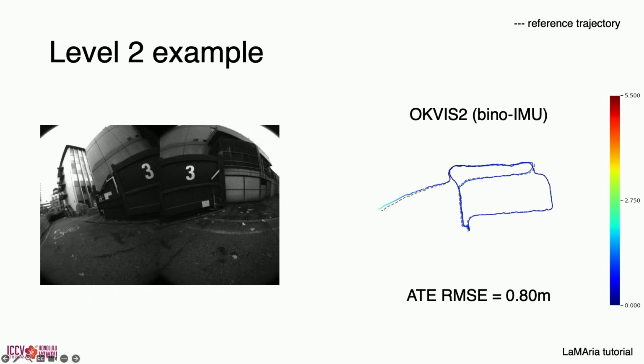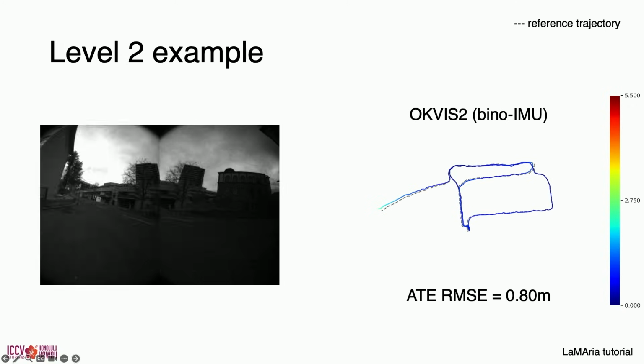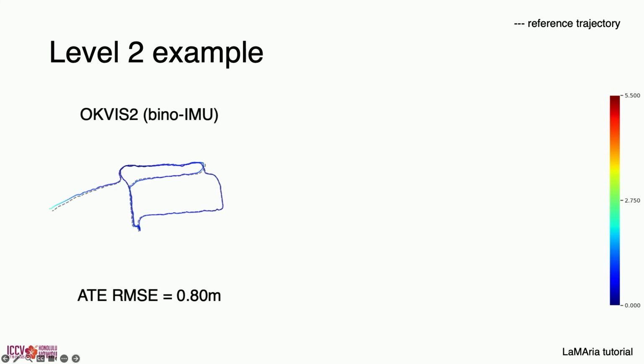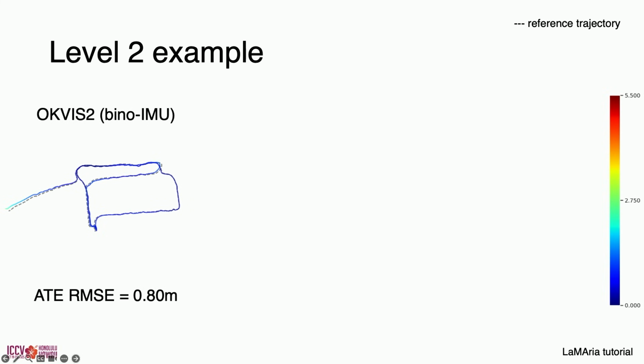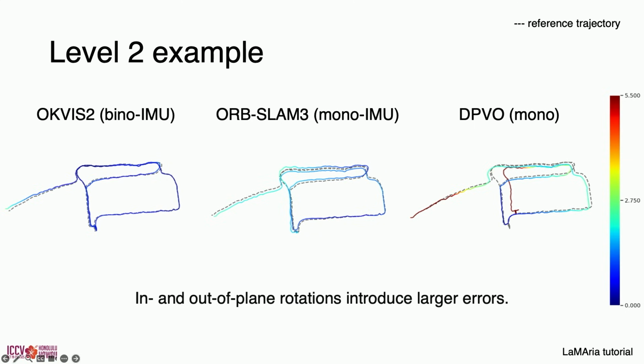In the previous case, it was 0.02, and over here, the error has increased in OQUIS. Similarly, for the other baseline examples, as you can see, ORB-SLAM 3 as well as DPVO, they increase in their errors. And we can see over here that in-plane and out-of-plane rotations introduce these larger errors in these baselines.